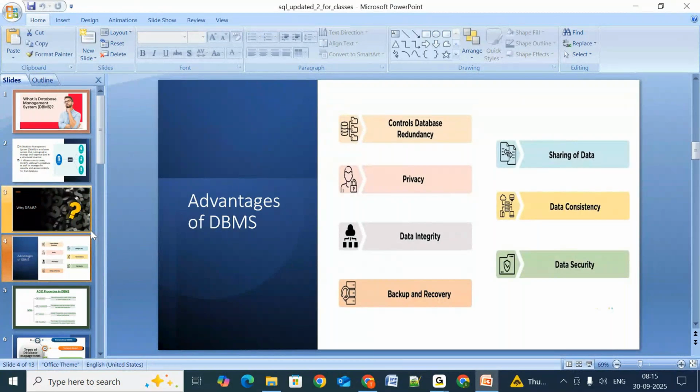It has some advantages and some properties. When we discuss this DBMS, it's a management. For whom is it a management? For a database, it's a management.